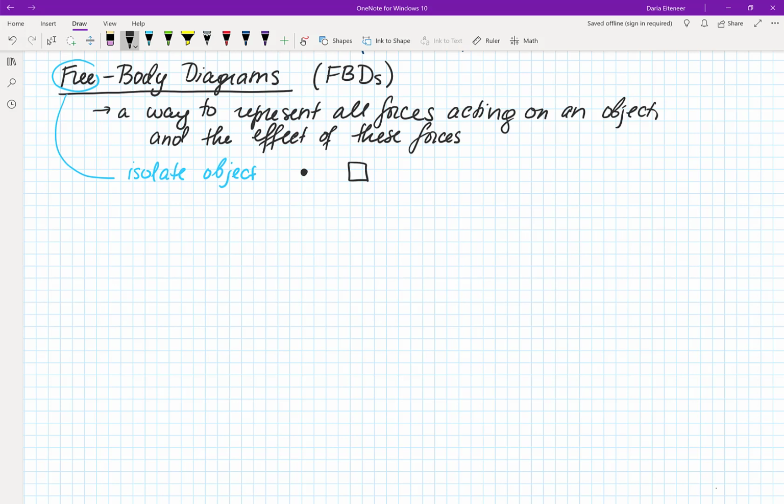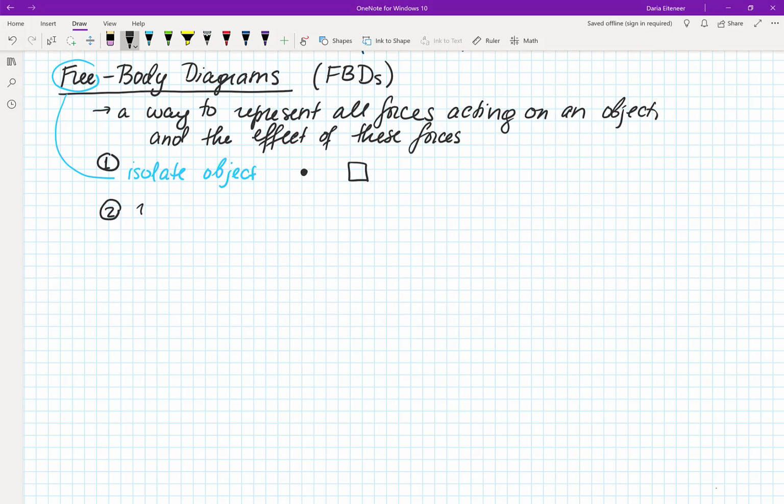Okay, so let's write a list of rules that we use for a free body diagram. Number one: isolate the object. So we're going to represent it as a dot or a box, right? And then we're going to show all the forces acting on this object.